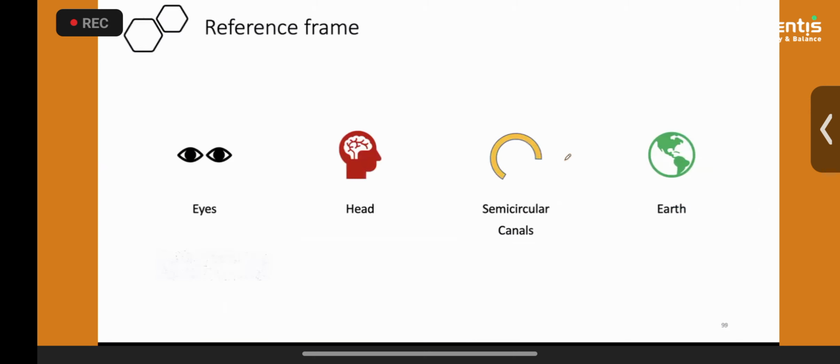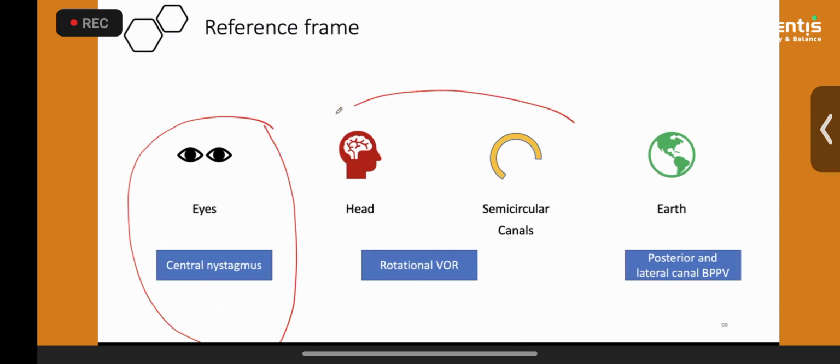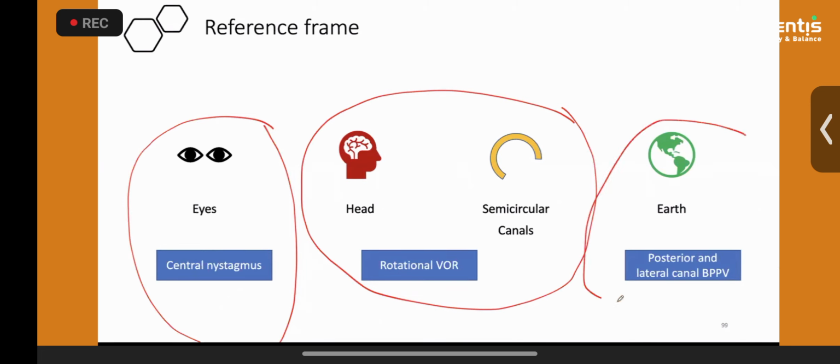Now the reference frames I have discussed. The central nystagmus follows the eye reference frame. The peripheral nystagmus follows the head or semicircular canal reference frame. And for lateral canal and posterior canal, we use the earth reference frame.